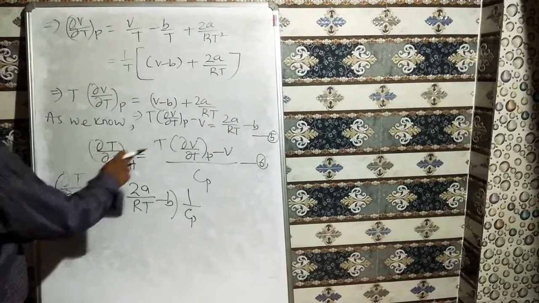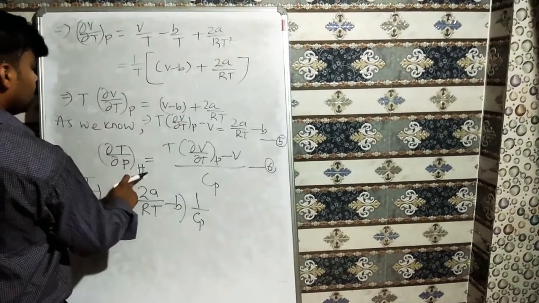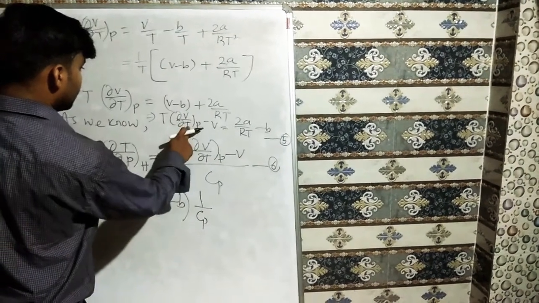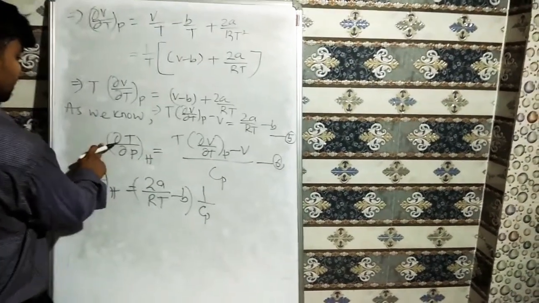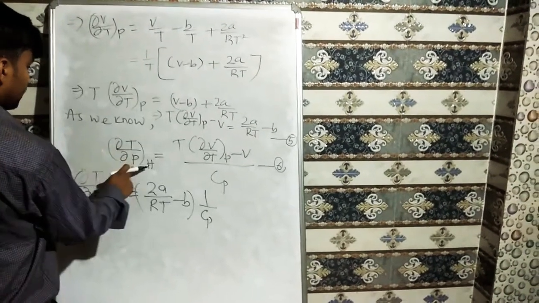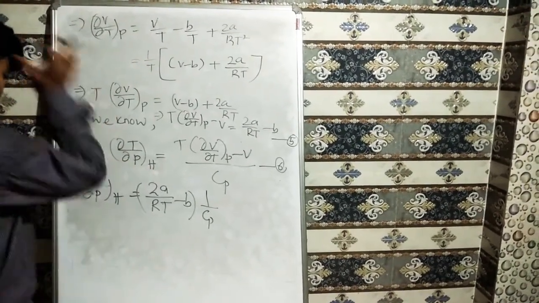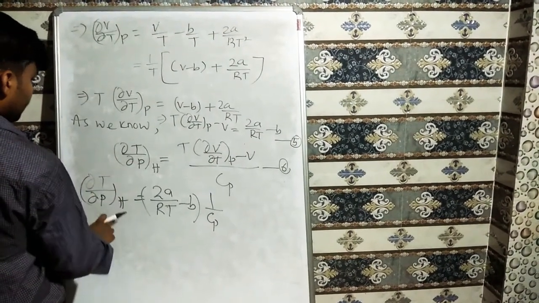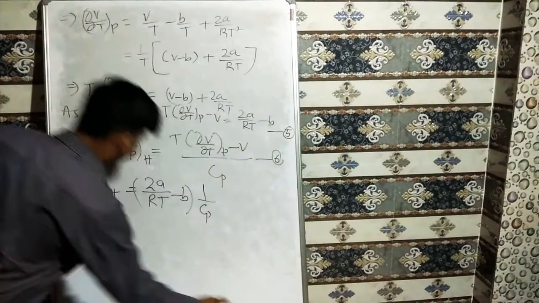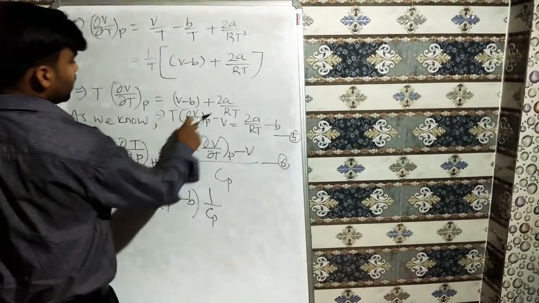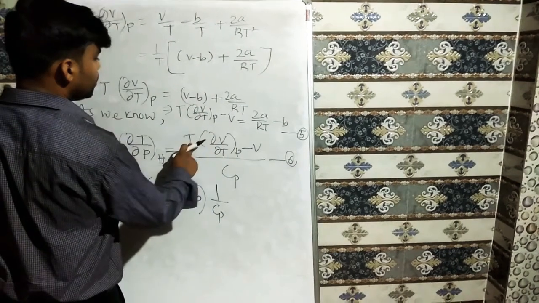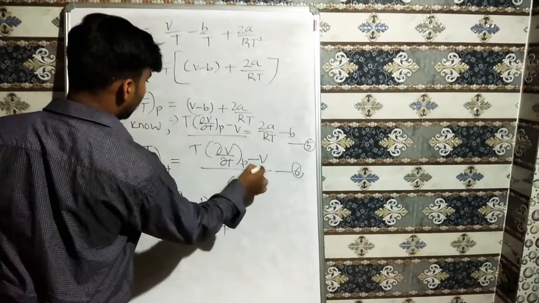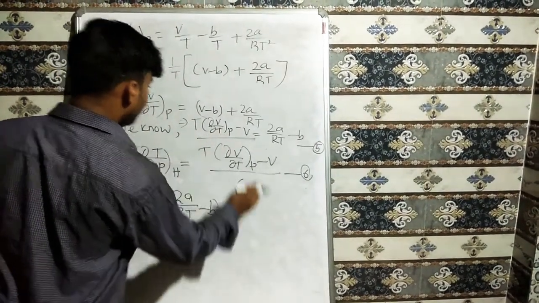If we compare these expressions 5 and 6, then the term T(∂V/∂T) at constant P − V is common. Here also T into (∂V/∂T) at constant P − V. This term is common.